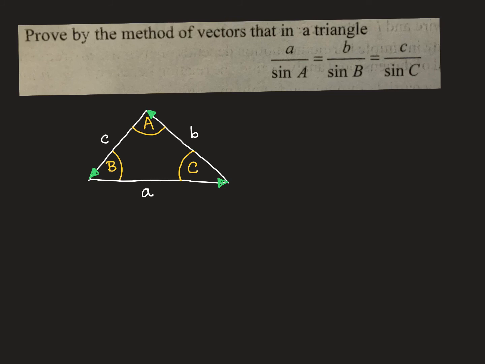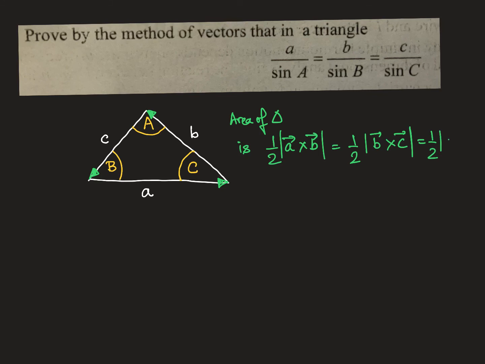So the area of the triangle is equal to half of mod A cross B, or you can write half of mod B cross C, or half of mod C cross A. That is all equal to AB times sine of pi minus C, right?